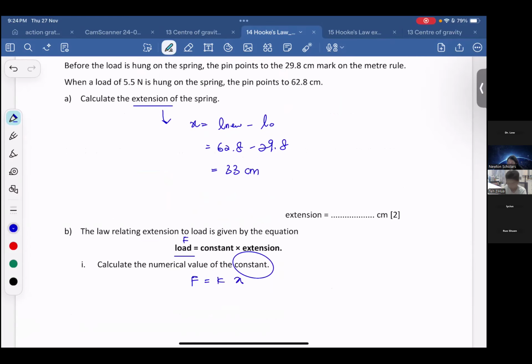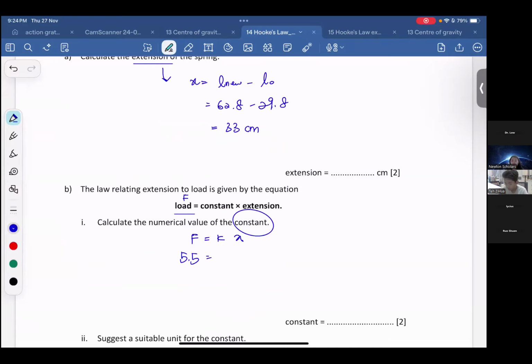So we put in here 5.5 equals K, which we don't know, times the numerical value, that means the magnitude, the number. So X, the extension, we already calculated just now: 33 cm. So your answer here, K should be equal to, let me count. Okay, if I want two significant figures, it will be 0.17 Newton per cm.